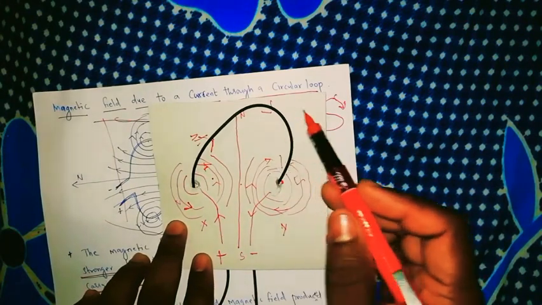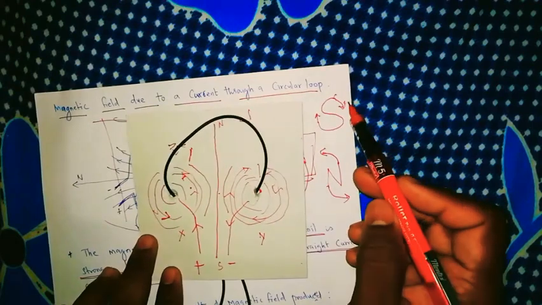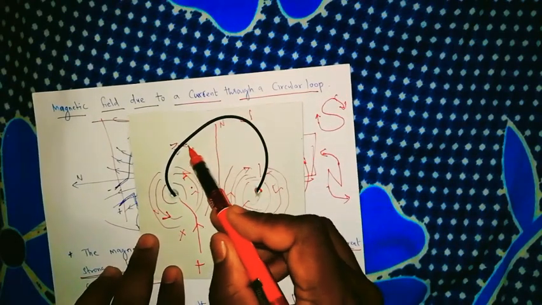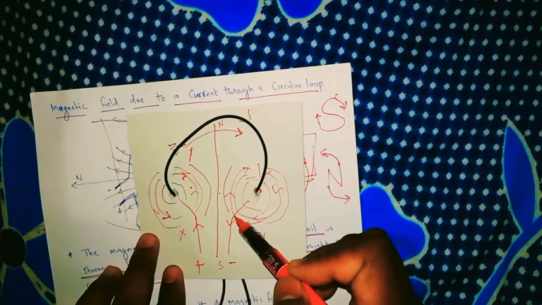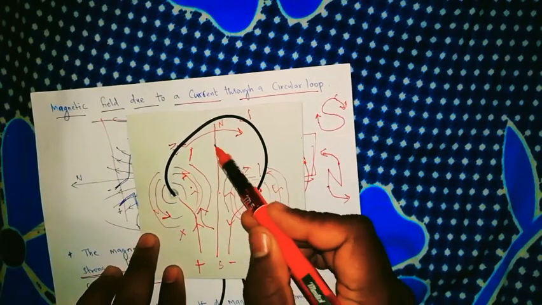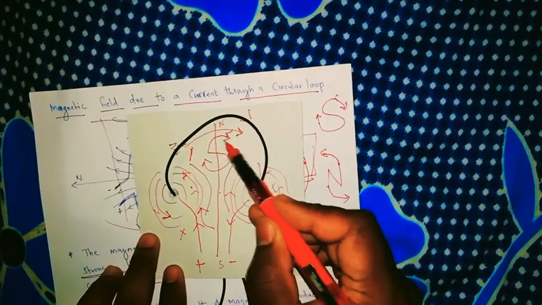If you look at it properly, this acts as a south pole. Compare this. Can you see the arrow mark going this side and coming in this direction? Can you see that? So it is actually a south pole.